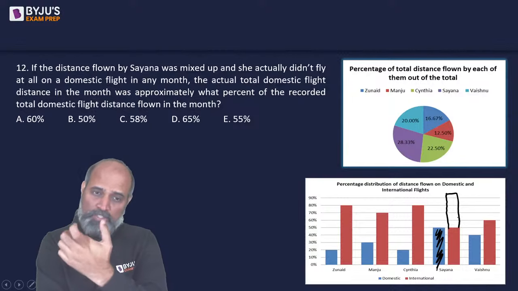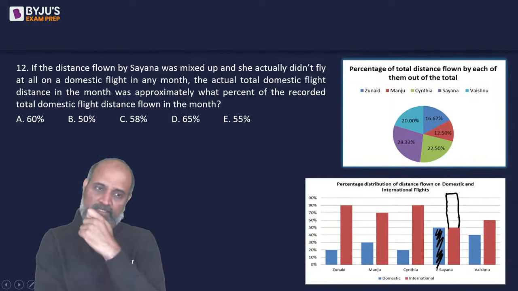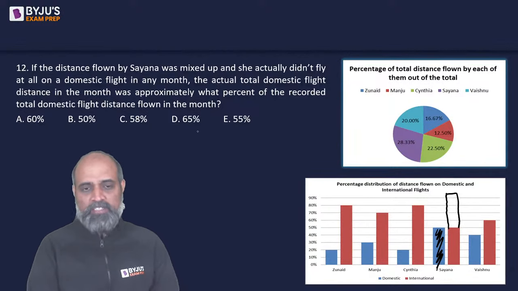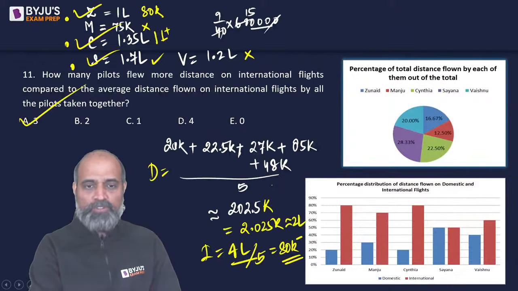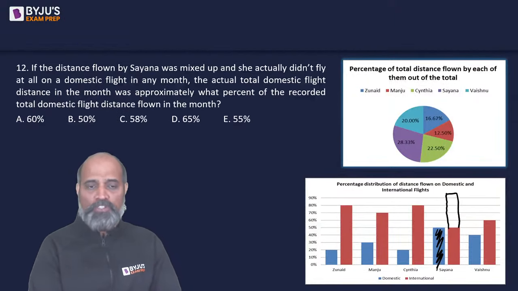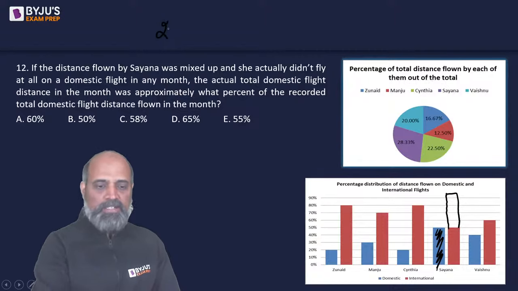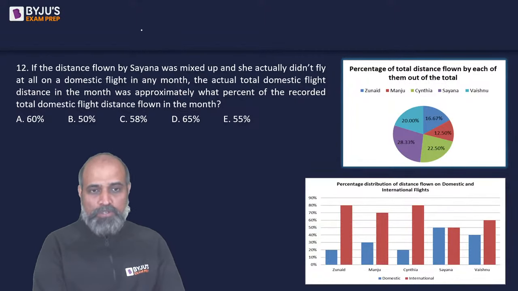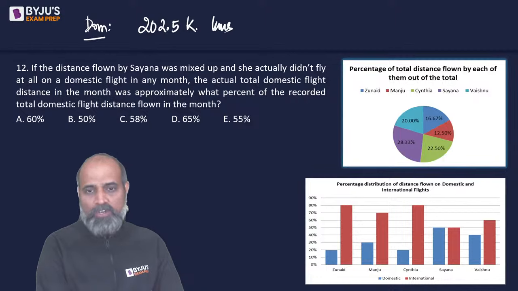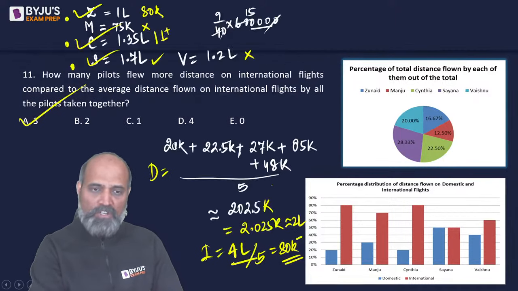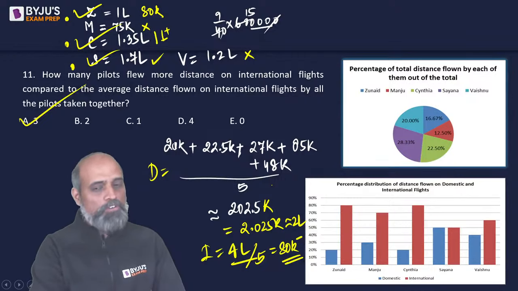The actual total domestic flight distance. So what was the actual total? We just calculated, no? Total domestic was 2.025 lakh, right? So 202.5 thousand kilometers a year domestic total, out of which we just saw that Sayana is not going to fly any domestic at all, right?